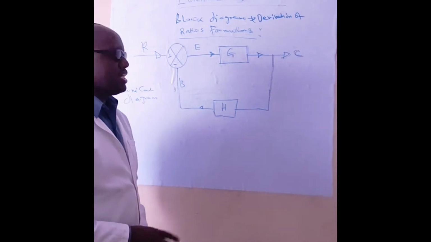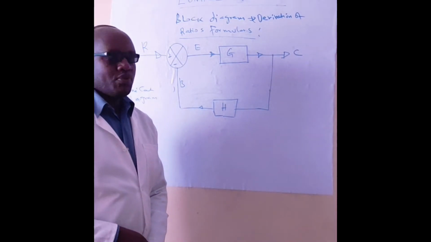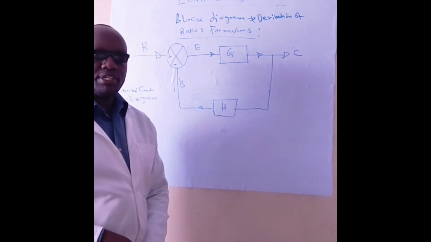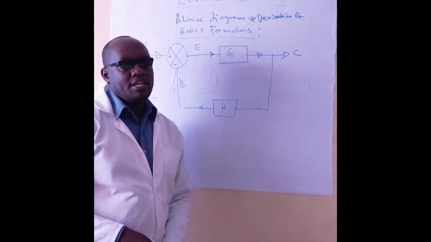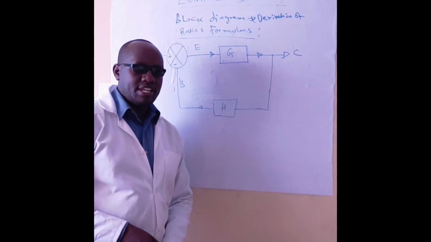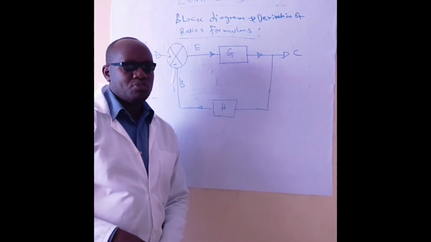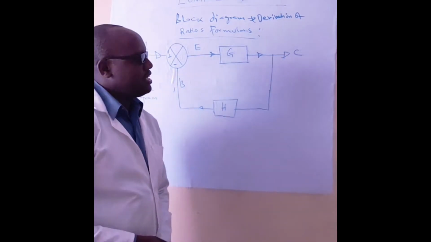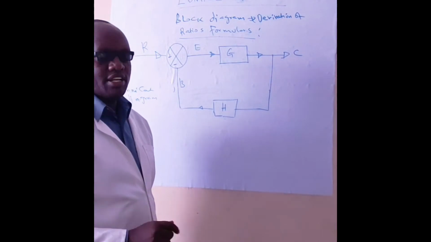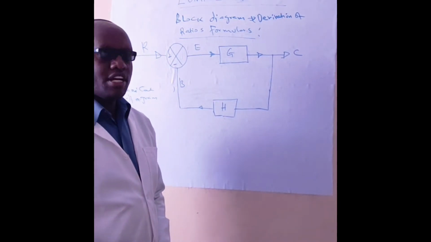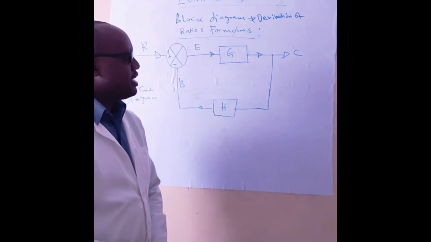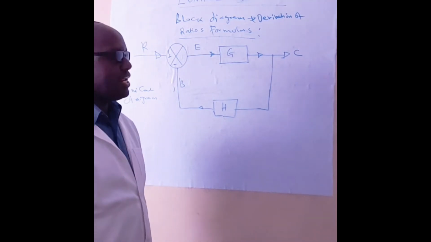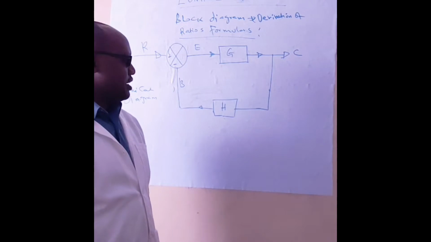There are three expressions which are very important in this topic, and most of the time I see them being asked in an exam. So I want you to be very keen, and when you have a question, you write it down and send it to me. There are three ratios I want to highlight before we derive them.